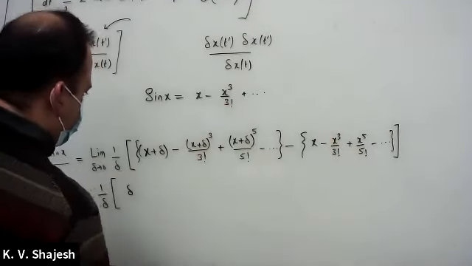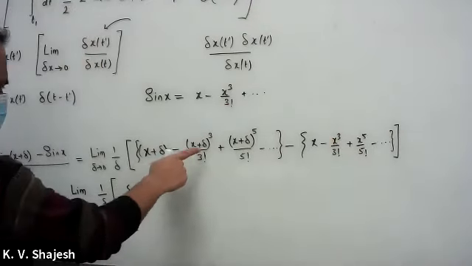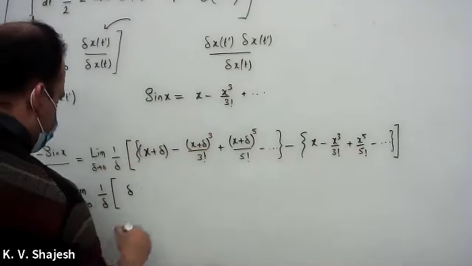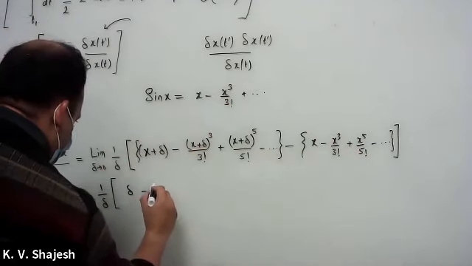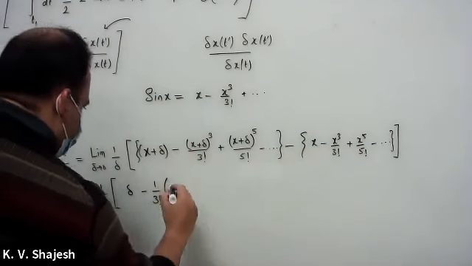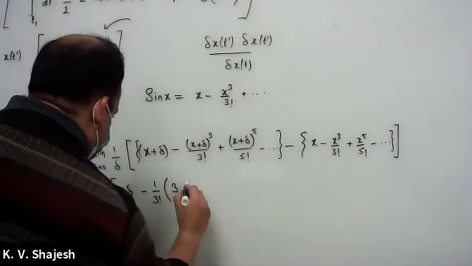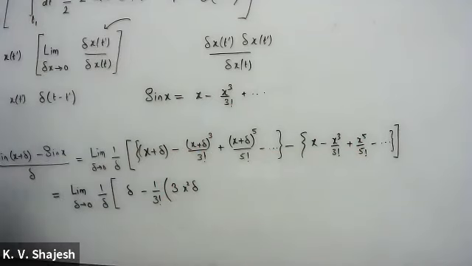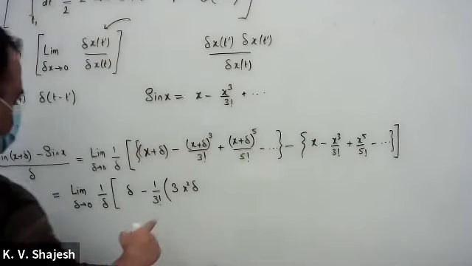The first term cancels the other one. What's the next term that survives here? Let's do that carefully. That's 1 over 3 factorial, and this is 3x squared delta. Notice the 3 coming out correctly in there.